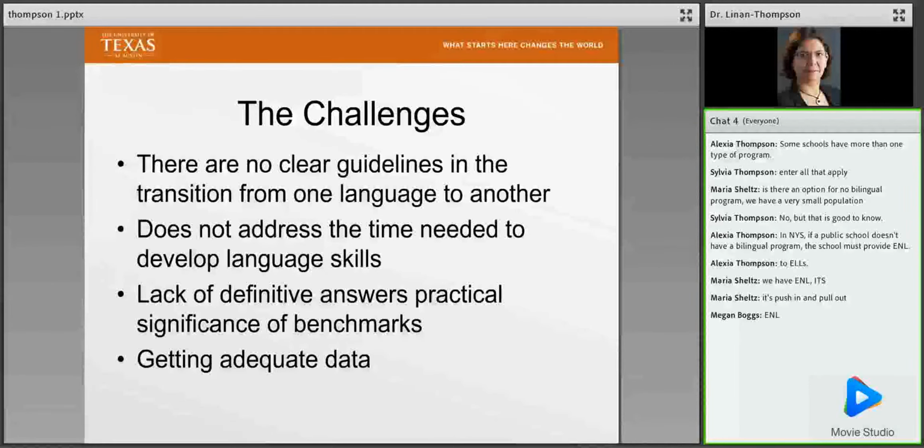So one of the things that we're looking at with our data is whether that is the case, that they do eventually catch up, but it just takes a little bit longer because they're building the English in the first couple of years. And then the last part is getting adequate data.